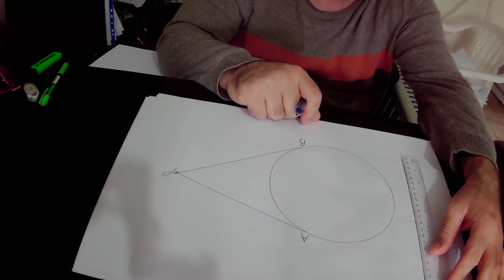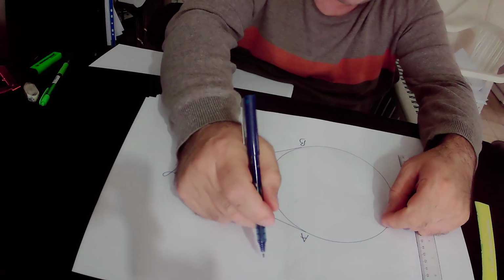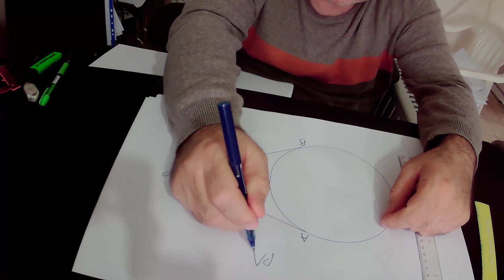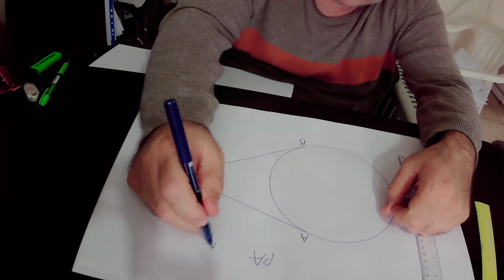So the length of the first tangent is PA, and the length of the second tangent is PB.